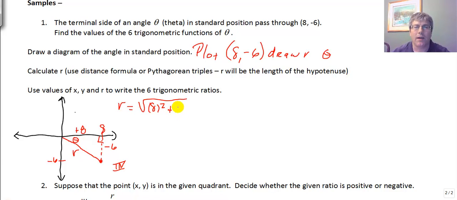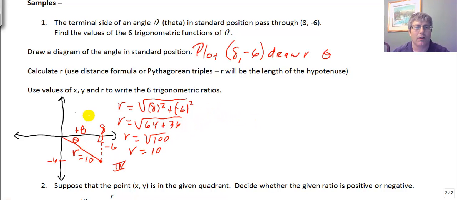And y squared is -6, and you might use -3. So r equals square root of 64 plus 36, or r equals the square root of 100. R equals 10. You may have recognized that was a 3, 4, 5.